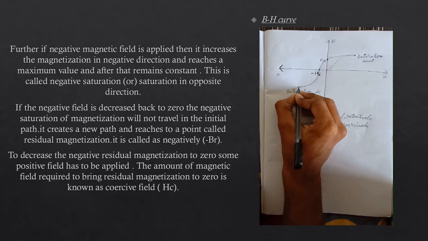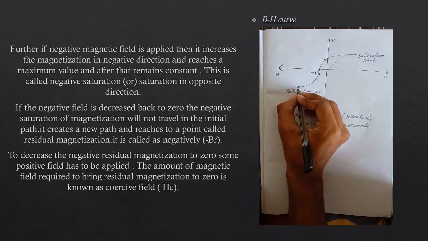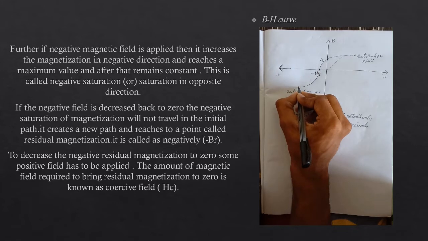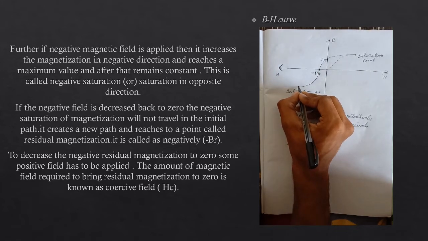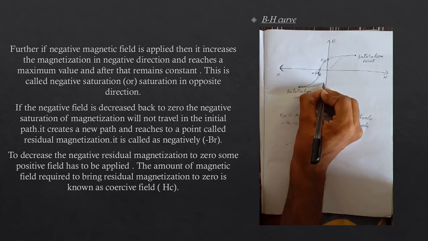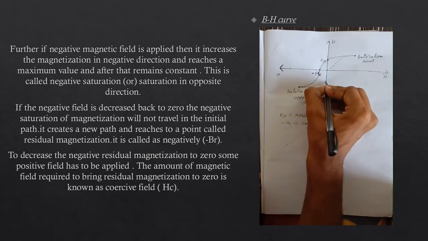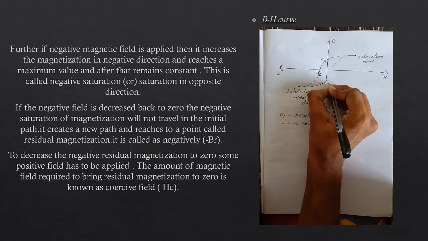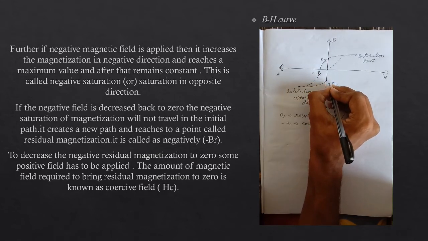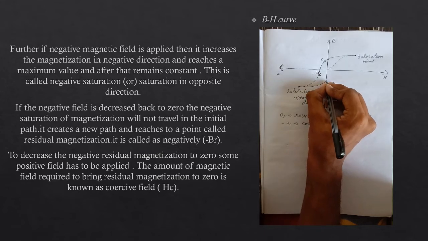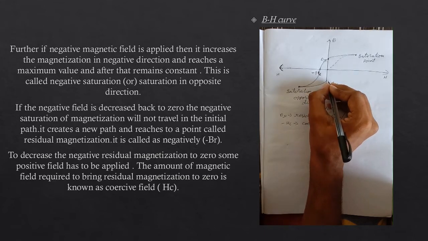And when we remove the negative magnetic field to zero, it does not travel on the same path but creates a new path and reaches a point on the B coordinate. This point is called minus Br, as it is on the B axis and is the negative coordinate of the axis.